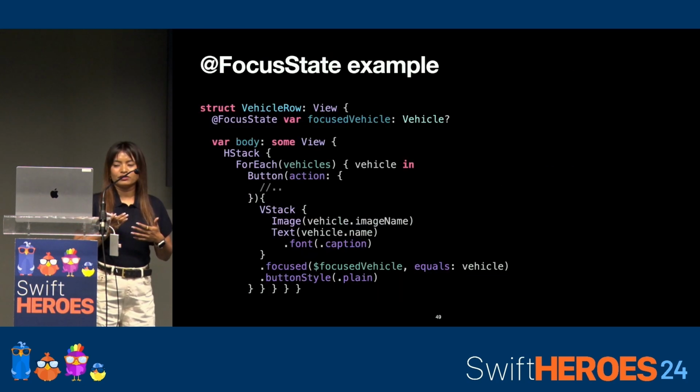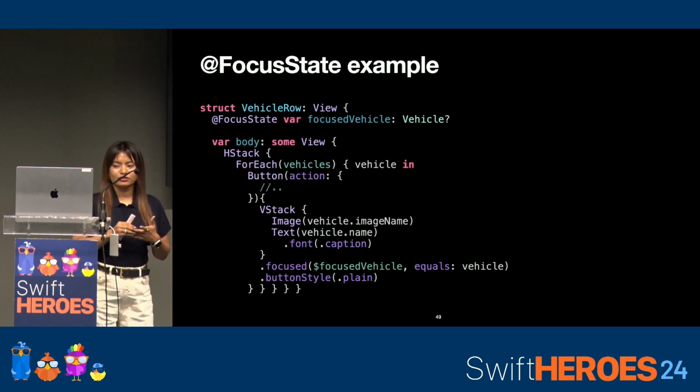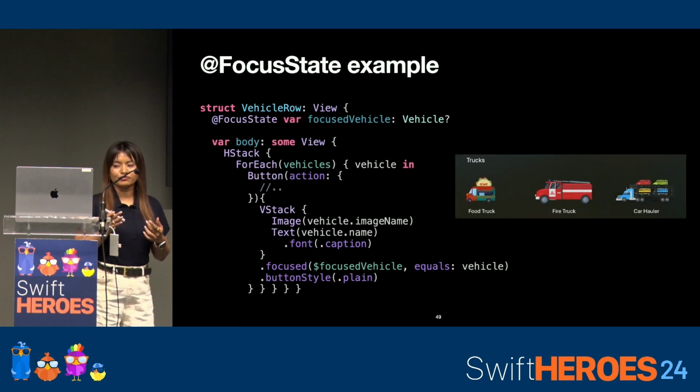But moving on to our initial issue, just knowing if a button is in focus is not going to be enough. You want to know which vehicle is in focus. And for this exact reason, FocusState actually also supports hashable types. So what I've done here is I've created a row of vehicles. It's a simple ForEach loop in a horizontal stack, and I'm rendering all these buttons.